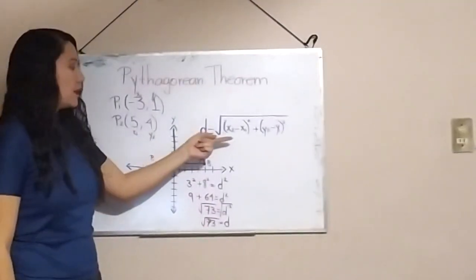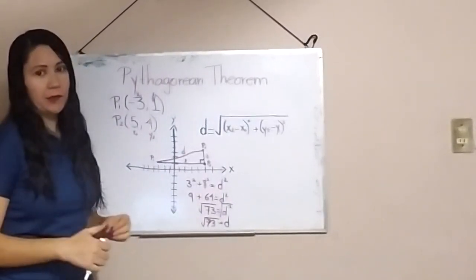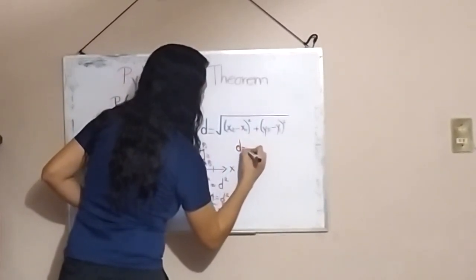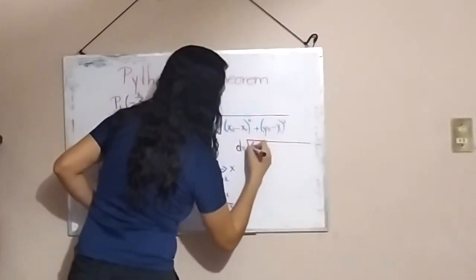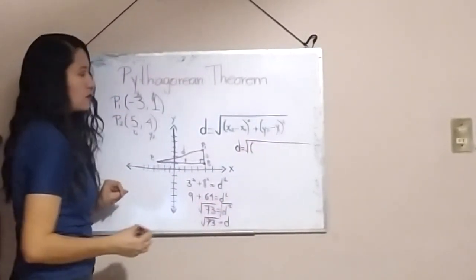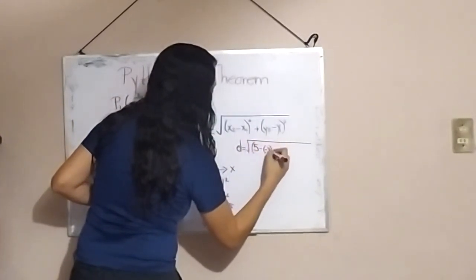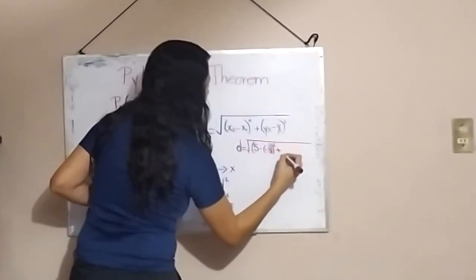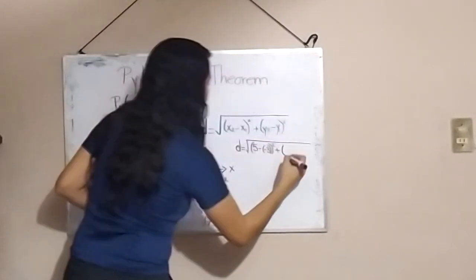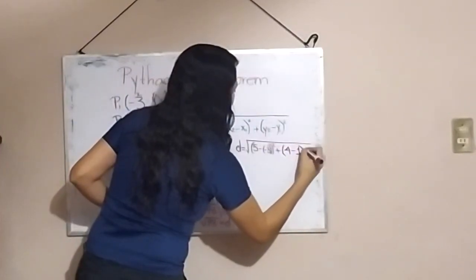Now let's see if using this formula we get the exact same result as we did with the Pythagorean theorem. The formula states the distance equals the square root of the difference between the two x values, which would be 5 minus negative 3, squared, plus the difference between the values of y, which would be 4 minus 1, also squared.